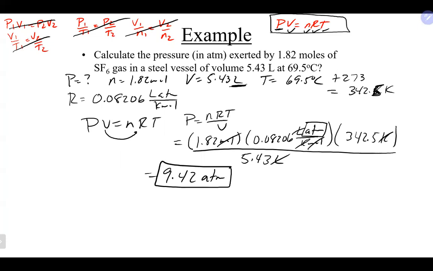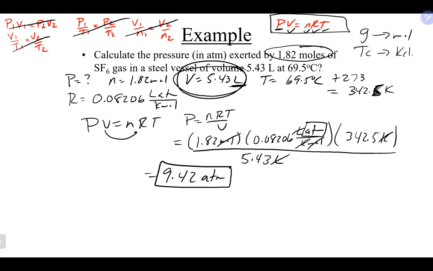Now, a couple of variations very commonly. In this case, we were given everything in moles, but it's very common that you do have to do the grams to mole conversion using the molar mass in these types of problems. Also, obviously, our temperature, the Celsius to Kelvin conversion, and the other common conversion is with volume.